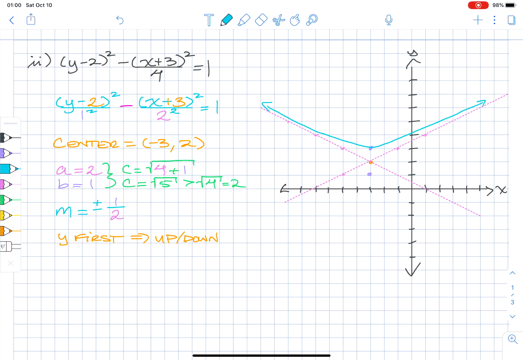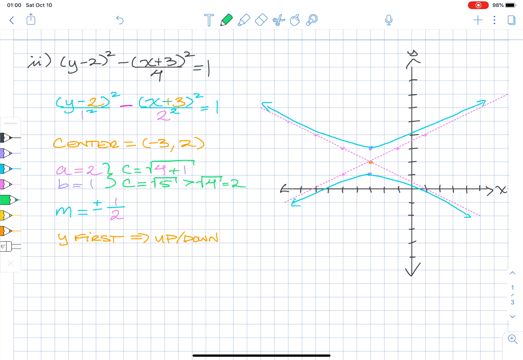And on the bottom as well, like so, and like so. Not drawn very well. I'm trying, but I am failing. Okay, good enough.